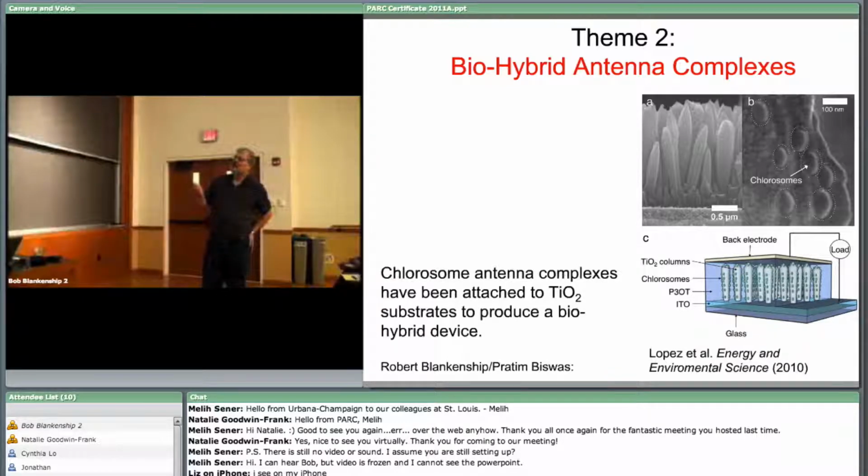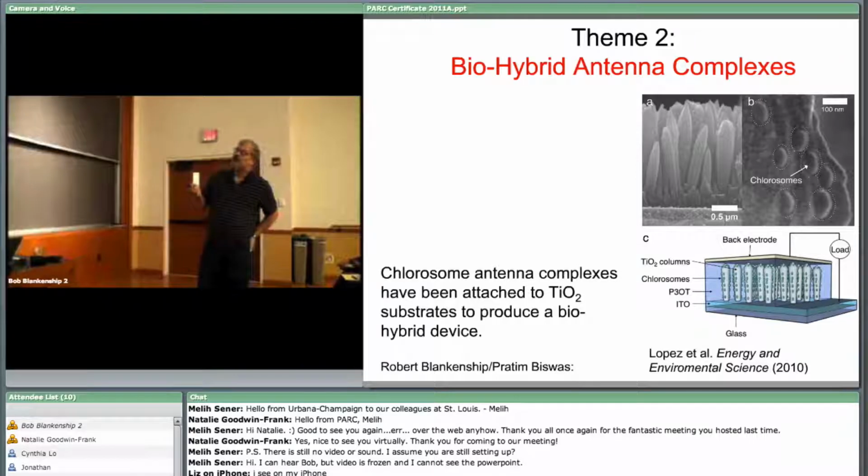This is titanium dioxide, which is a semiconductor material, and is coated with these chlorosome antennas that I mentioned in one of the earlier slides.